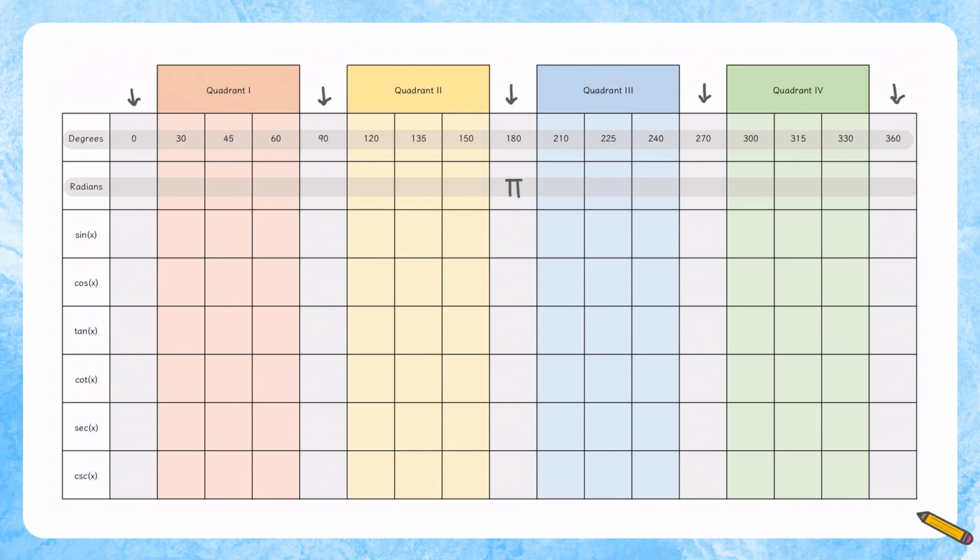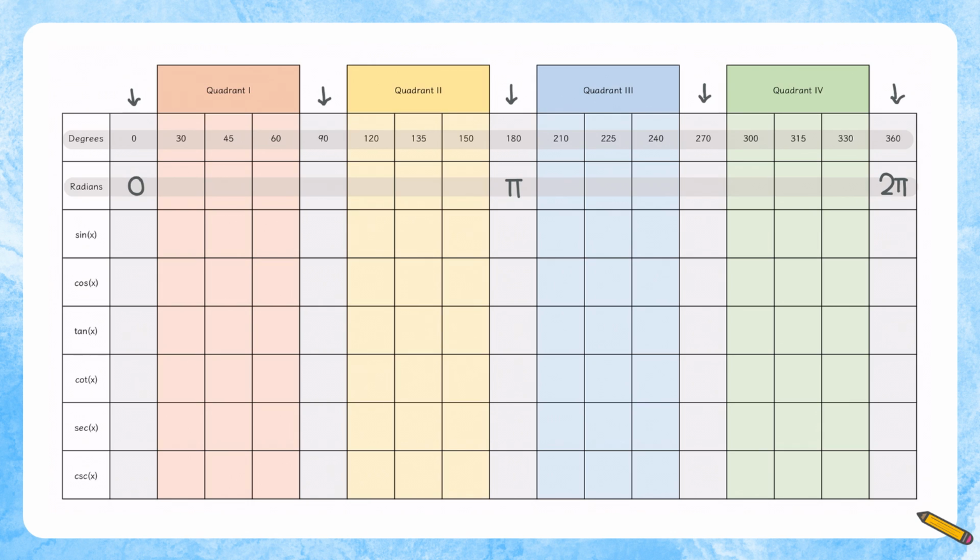So we fill that out. We also know that 0 degrees would be the same thing as 0 radians. And since 360 degrees is double 180 degrees, the radian value would be doubled as well. So 360 degrees converts to 2 pi radians.